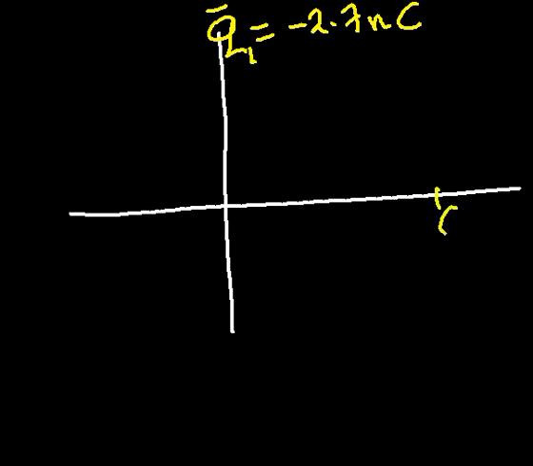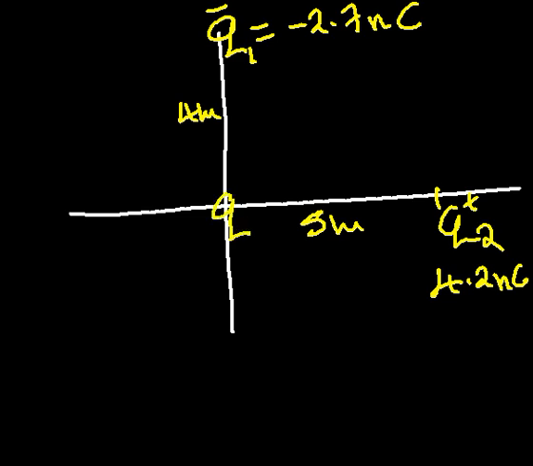And this is charge 2, a positive charge, that is 4.2 nanocoulomb. Let's say the distance is given as 5 meters. This is 4 meters. We have the charge at the origin given as a negative charge, that is 1.2 nanocoulomb.